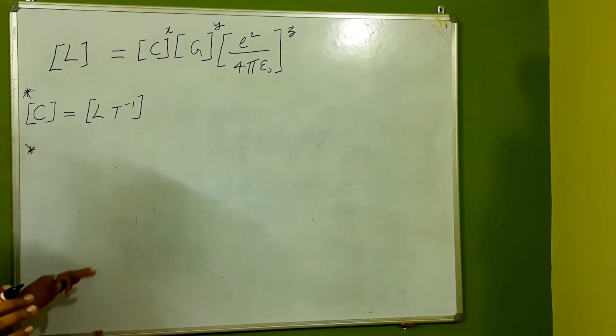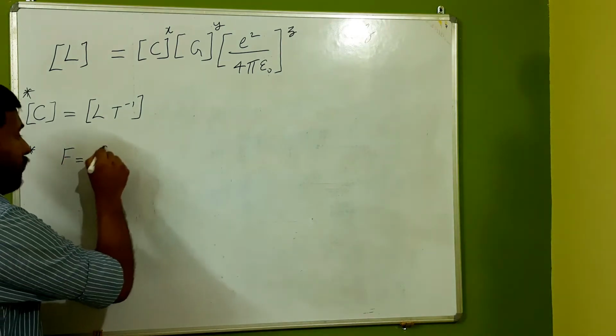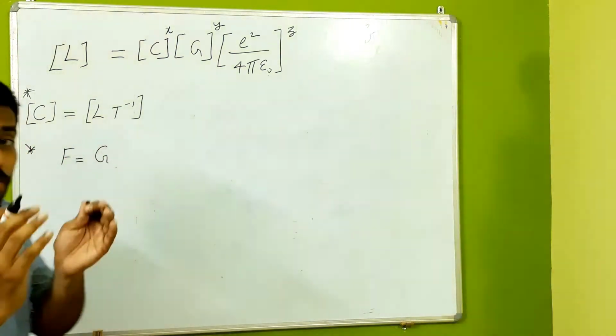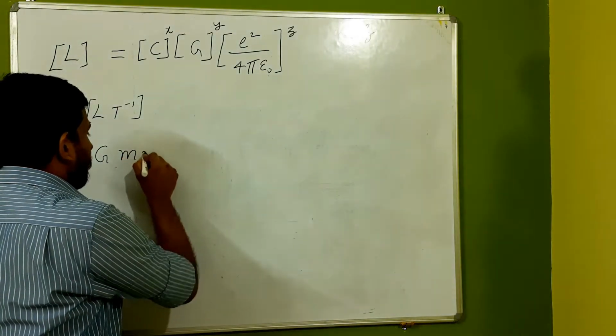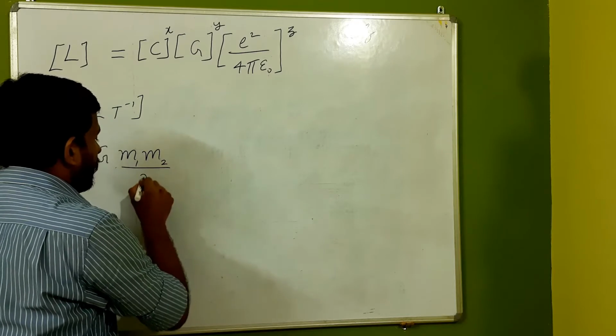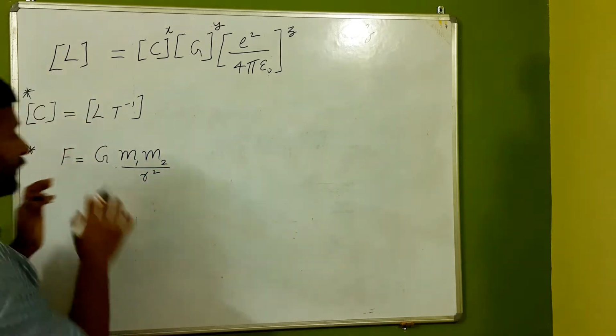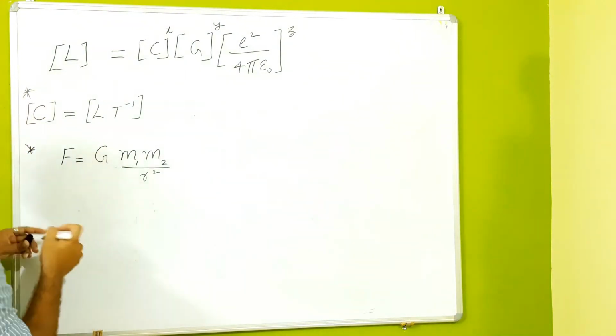We know that by Newton's law of gravitation, the force of attraction between two masses separated by a distance is given by G m1 m2 by r square. From this equation, we can find the dimension of G.